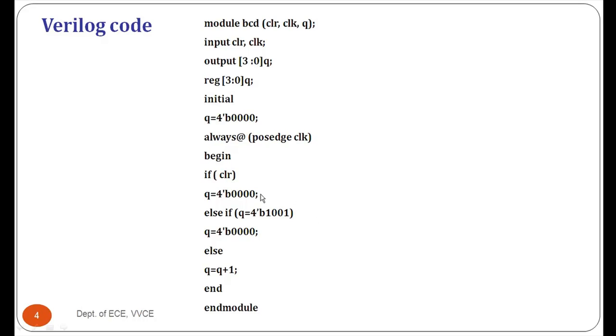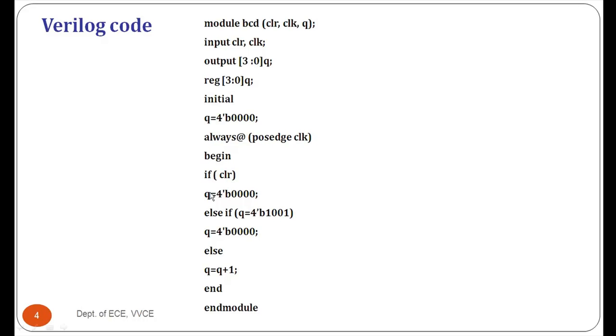Once the count is equal to 1010, that means for the 10th clock pulse, the counter will reset all the status of the flip-flops equal to 0. And finally, we end the module here.